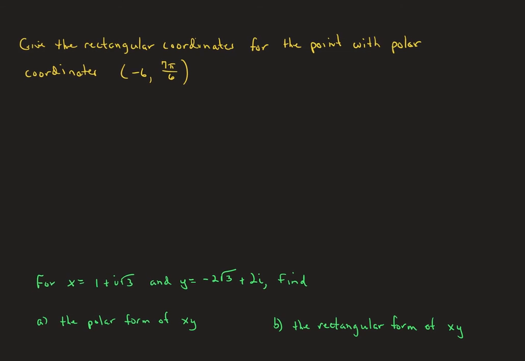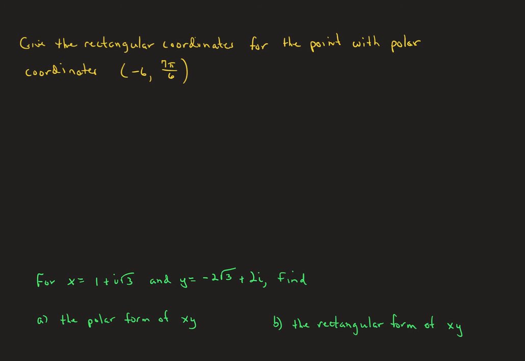So let's take a look at going the other direction. So now we're going to start with polars and get to rectangulars. And I'm just going to go with the formula. X is going to be r cosine theta. That's going to be negative 6 cosine of 7 pi over 6. So that's going to be negative 6.